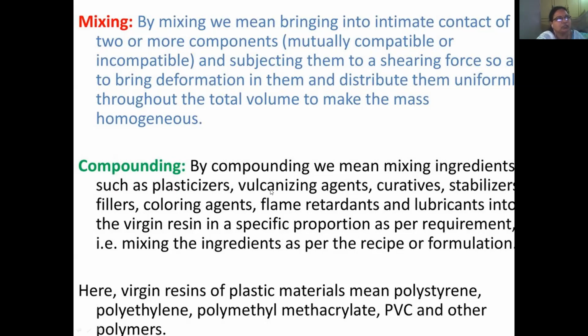All these are added in order to improve the properties of polymers. And remember that these are added as per the formulations. However much is required, only that much is added, not more than that.